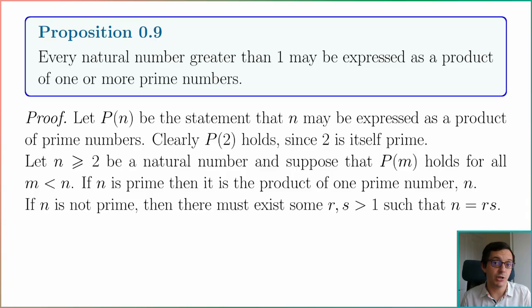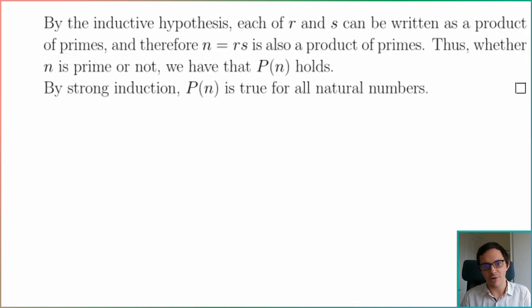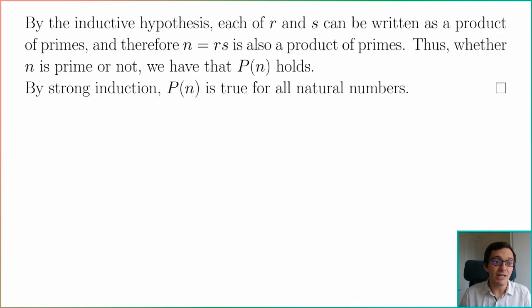And that means that for these smaller numbers r and s the proposition is true. So by the inductive hypothesis, each of r and s can be written as a product of primes, and therefore n is also a product of primes. Just multiply them all together in one big product. So whether n is prime or not, Pn also holds.